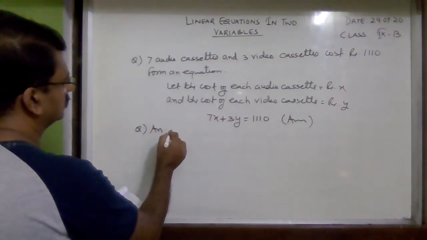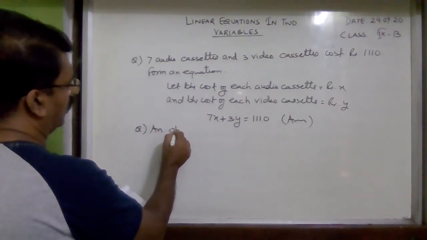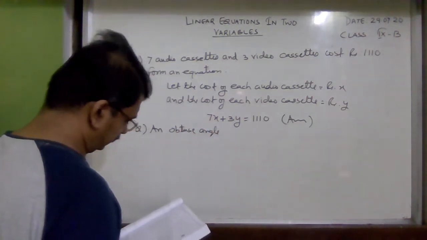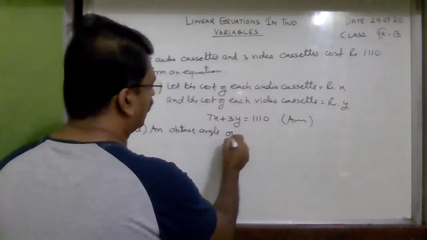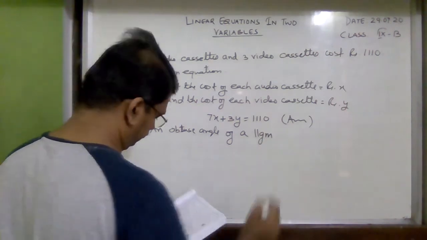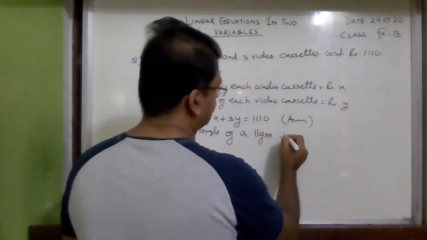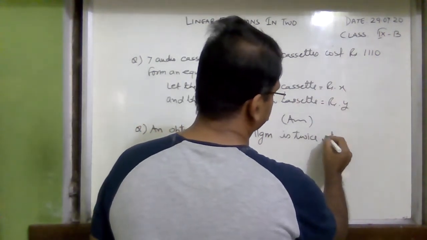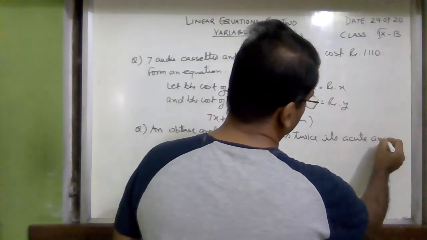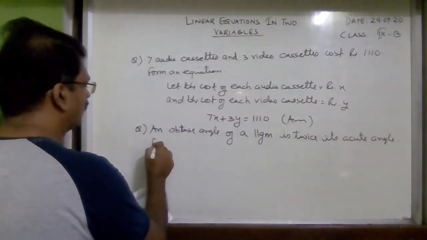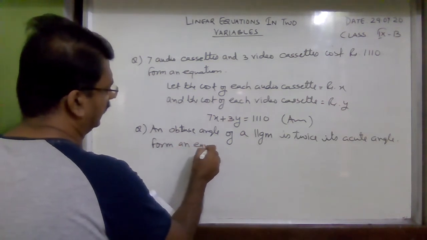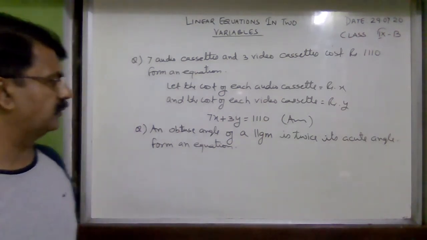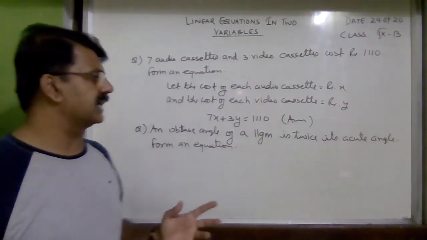An obtuse angle of a parallelogram is twice its acute angle.